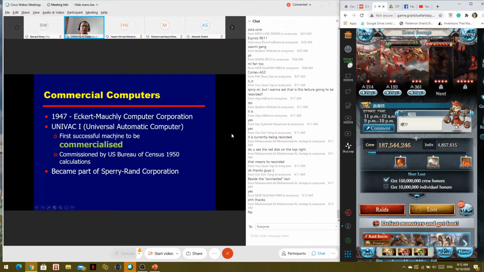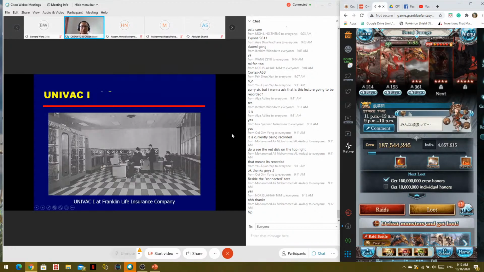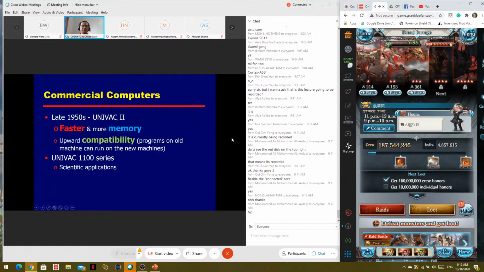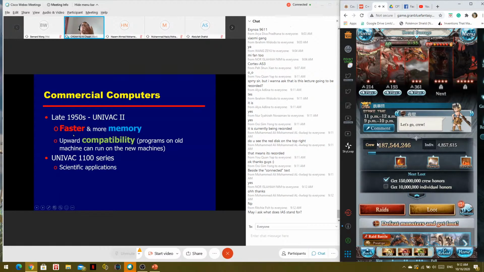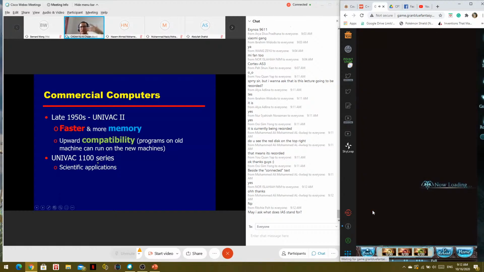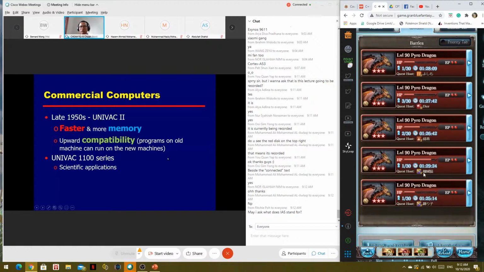It's a big machine that requires a room to set up. Later, UNIVAC 2 was a faster machine with more memory and upward compatibility, which means that older programs can be run on the newer machines. Later, there were newer models, of course, UNIVAC 1100 for scientific application and so on and so forth.